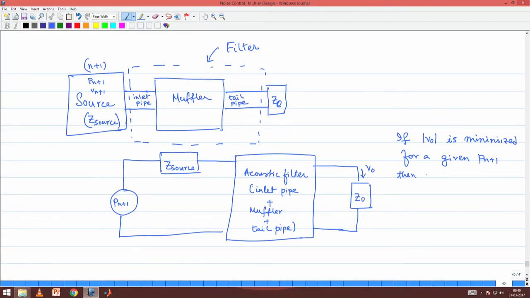So, if V0 is minimized for a given P(n+1), then the sound power transmitted in the medium will be minimized.